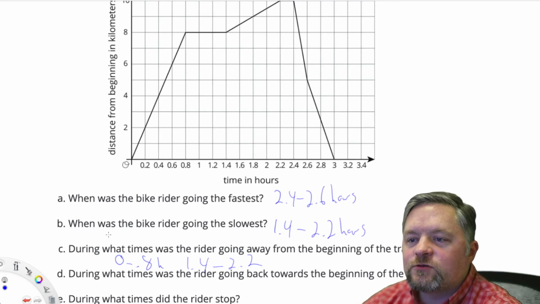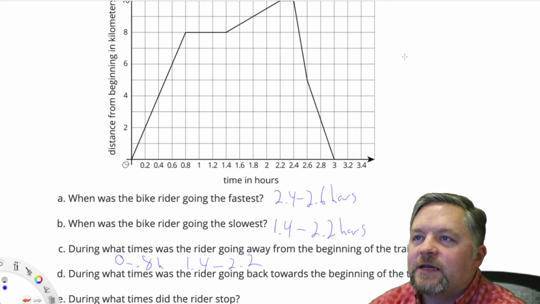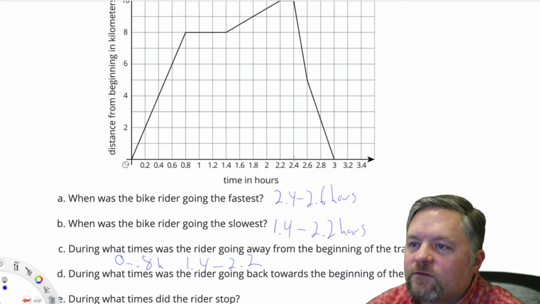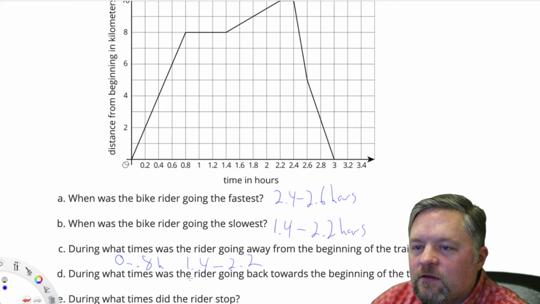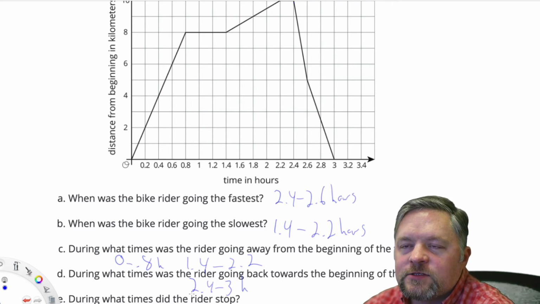During what times was the rider going back towards the beginning? Back towards the beginning is this portion. So that looks like from 2.4 to 3 hours. During what times did the rider stop?